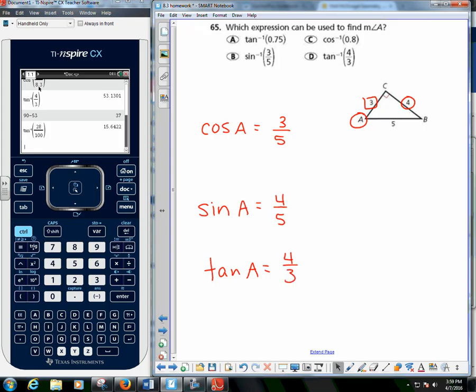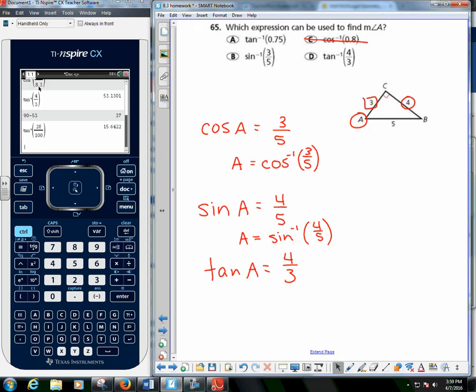So I look at these, and in order to figure out what A is, I would say that A equals cosine inverse of 3 over 5. So that's not it, 3 divided by 5 is actually 0.6, I think. So it's not that one. If I did the same thing over here, I would say A equals sine inverse of 4 over 5.